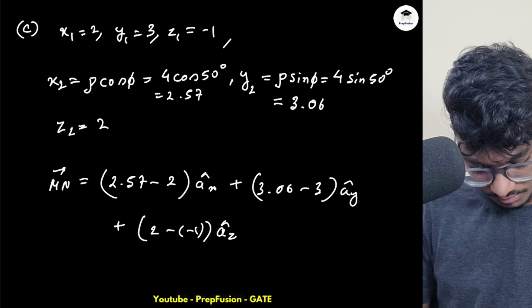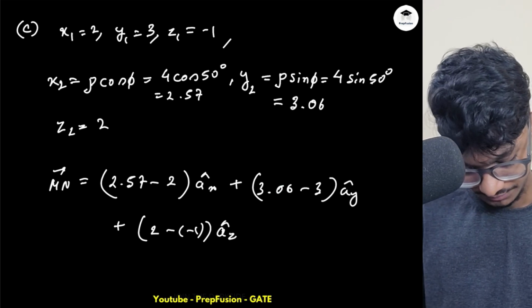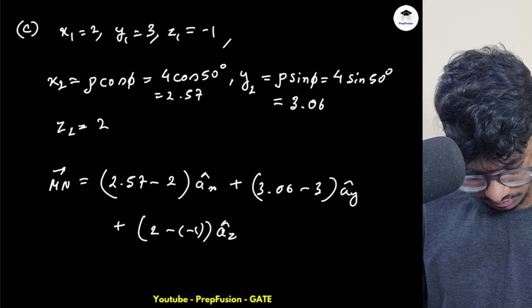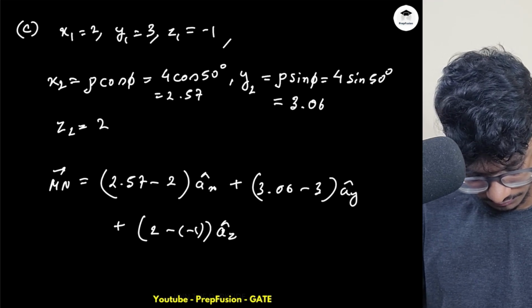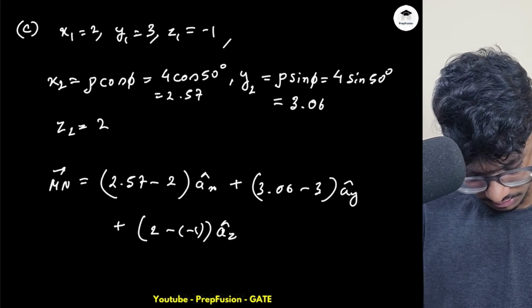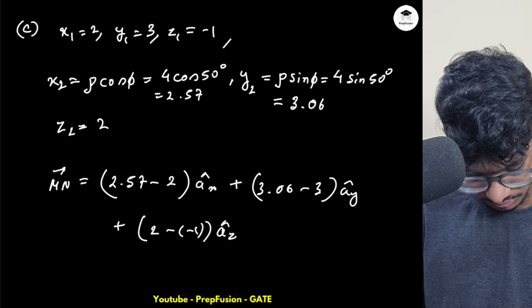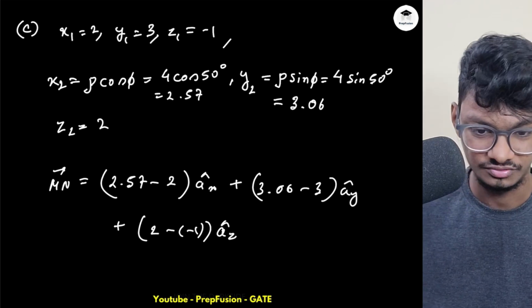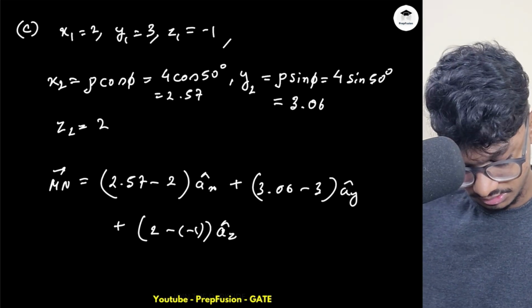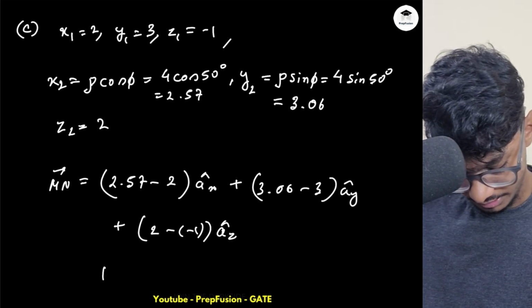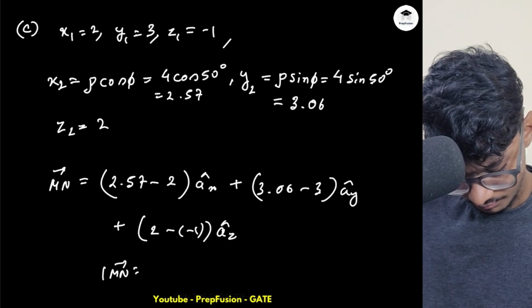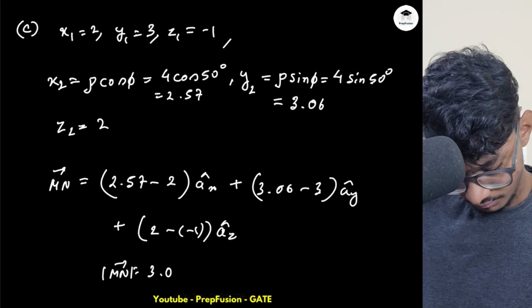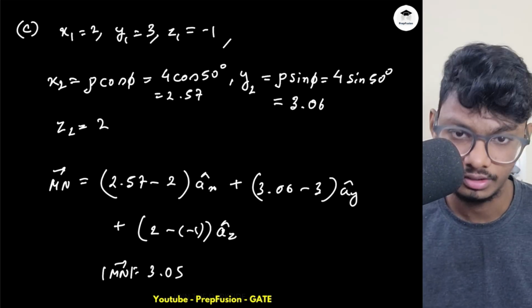Now if I find the length of this, 0.6 whole square plus 0.57 whole square plus 3 whole square under root, this will be almost 3.05. So that is the length of MN. Now can you do it the other way around?